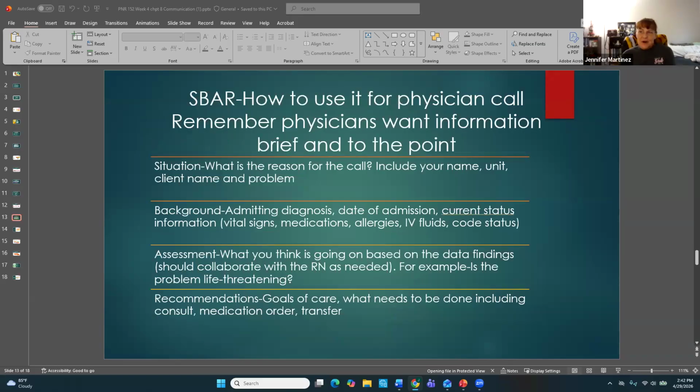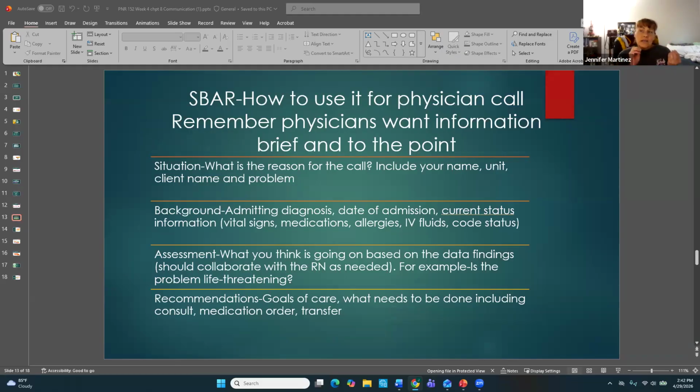And then we have our SBAR, and everybody has heard of SBAR before. There's a couple different ways that we can use SBAR. We have SBARs for physician calls, and we have SBARs for shift change report.